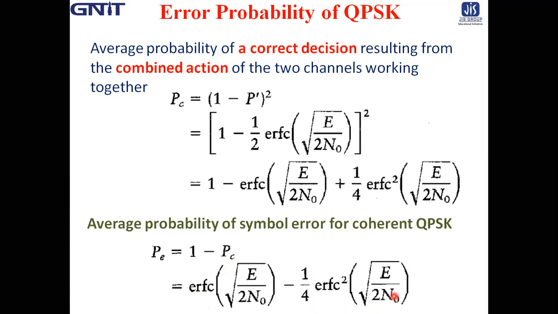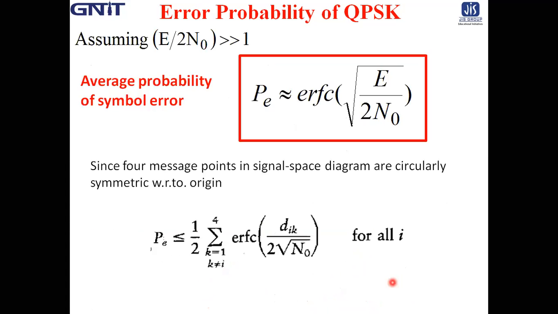In the region where E by 2 N0 is much greater than 1, that is the high SNR assumption, we may ignore the quadratic term on the right hand side. So we approximate the formula for the average probability of symbol error for coherent QPSK as PE equal to erfc square root of E by 2 N0.